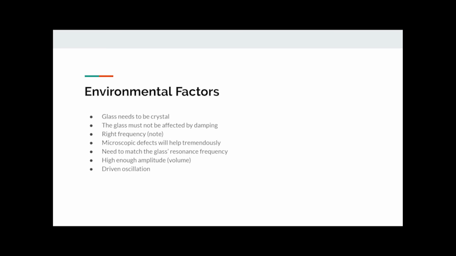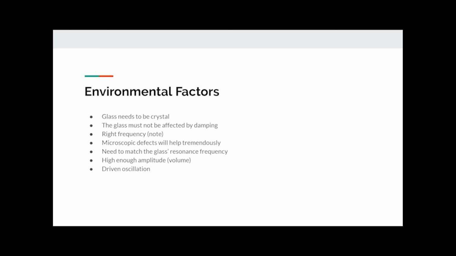And the second point is that the glass must not be affected by damping. Wine glass is a good example because it reduces the amount of damping because it stands on a stem. And damping is just interference with a force which will act to prevent the glass from vibrating.